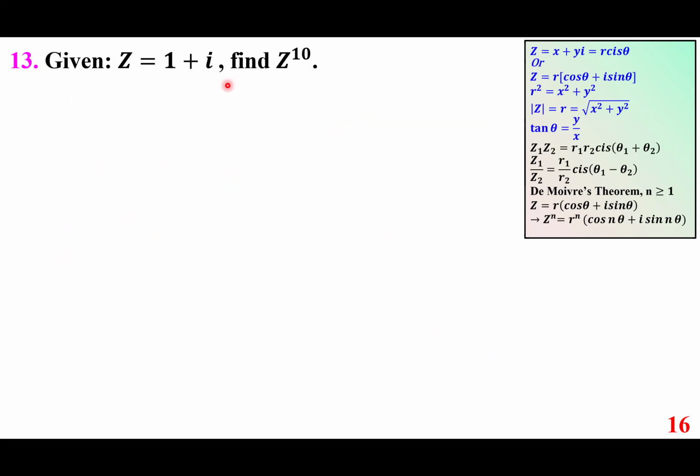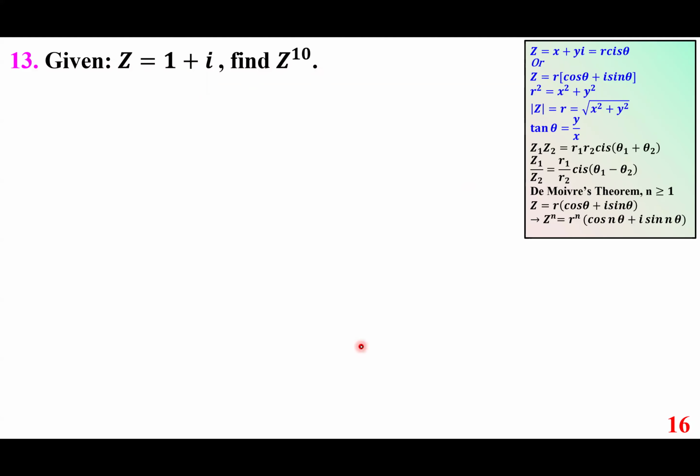Given z equals 1 plus I, find z to the power of 10. Well, first you have to find this one in polar format. Because if you want to raise 1 plus I to the power of 10 and you do not change it to a polar format, imagine to the power of 10, it takes quite a few pages.